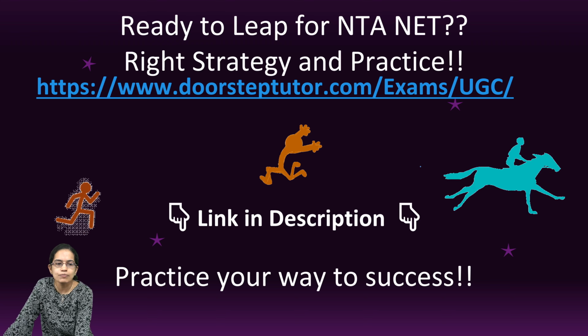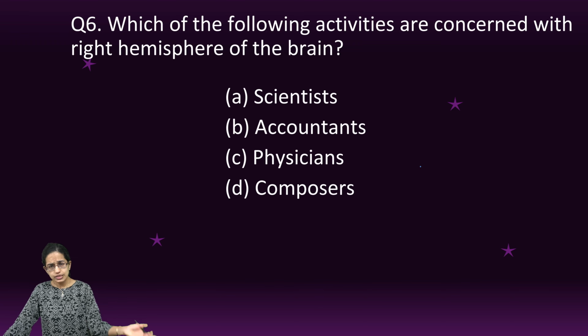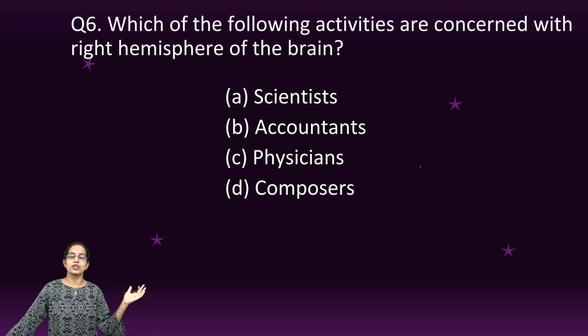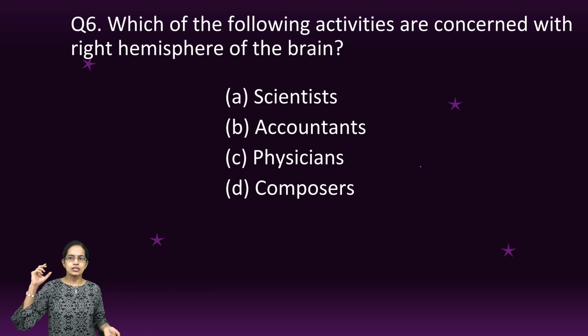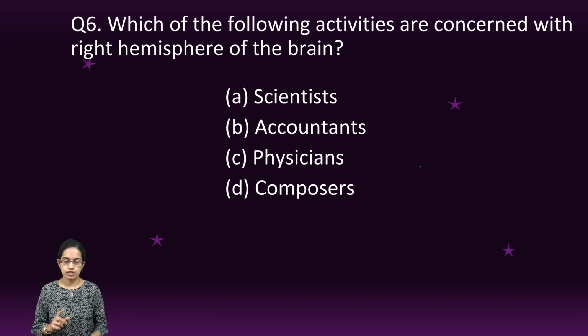Now the next important thing that we need to understand is a usually common question based on neuropsychology: the right hemisphere and the left hemisphere of the brain. So the left hemisphere of the brain controls your right hand, and as a result the content of analytical understanding, logical approach, mathematical reasoning is governed by the left hemisphere of the brain.